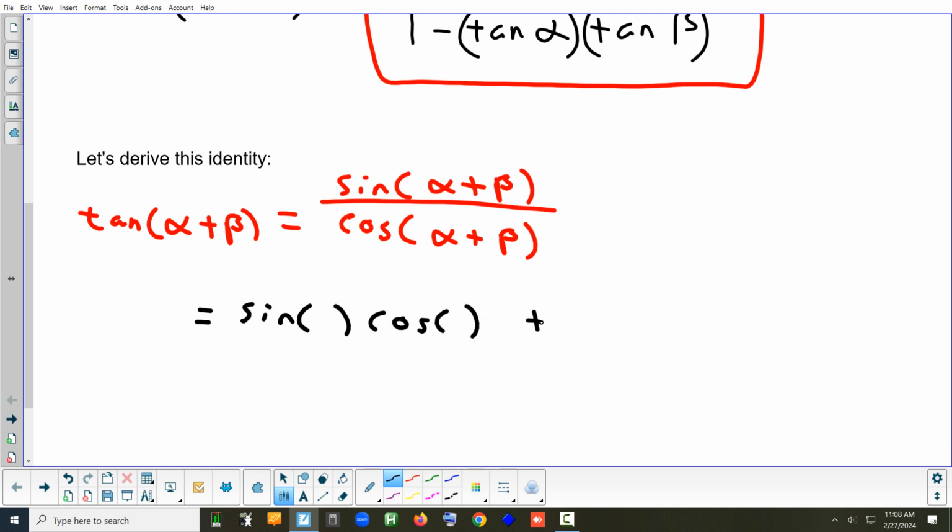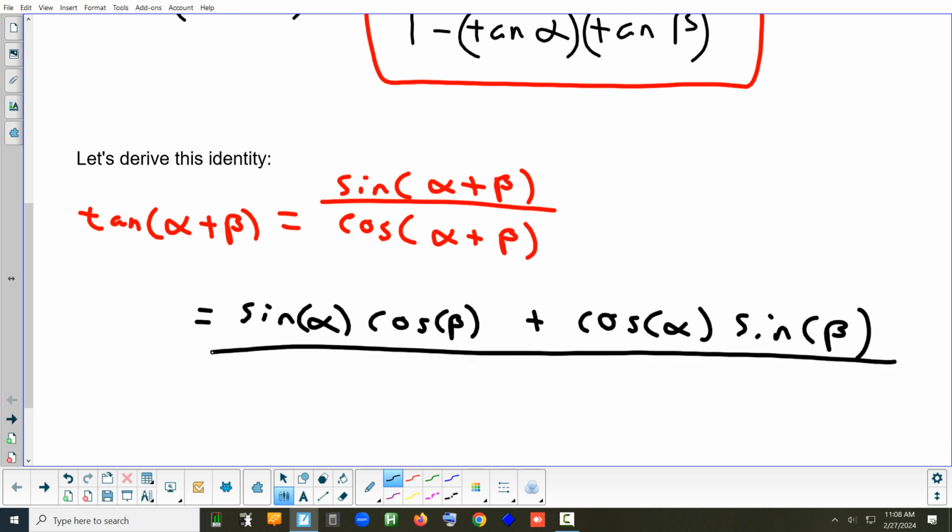Keep the symbol the same. And then you just fill it in 1, 2, 1, 2. Alpha, beta, alpha, beta. Now, what's the template for cosine of a sum?